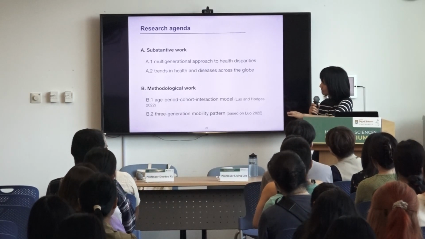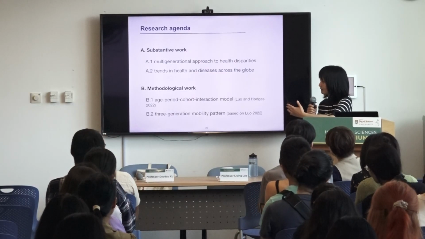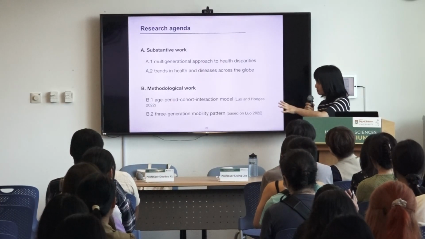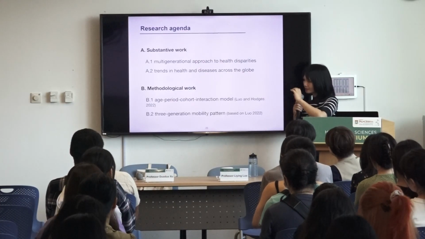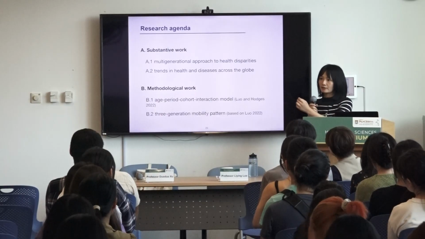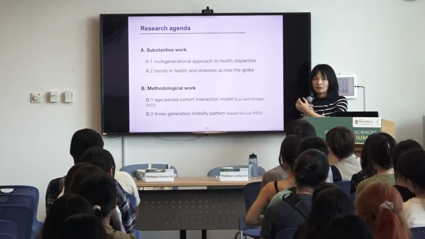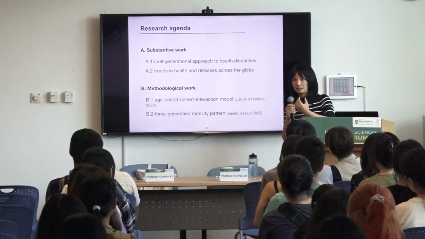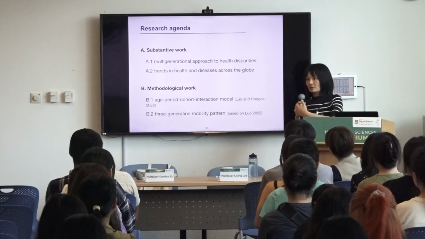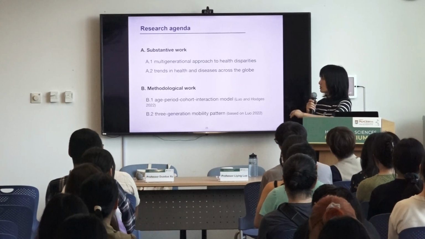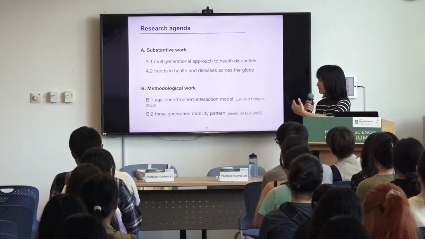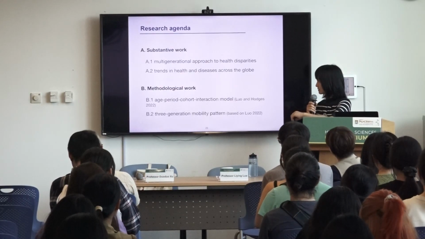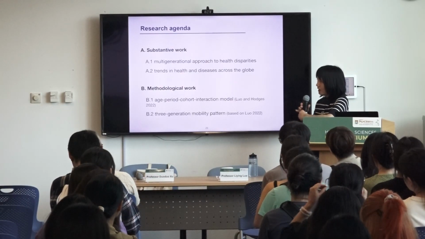I would like to emphasize that demographers are often said to be atheoretical, but I do think the advantage of this APC interaction model is that it's motivated by the demographic notion about under what conditions cohort affects us, how different cohorts differentiate from each other. So that's the theoretical motivation, and therefore it does not have the typical identification problem in typical APC models. But there is a lot to think about.